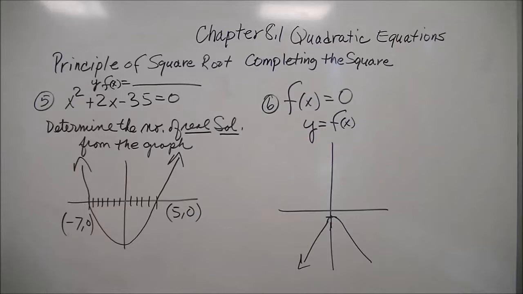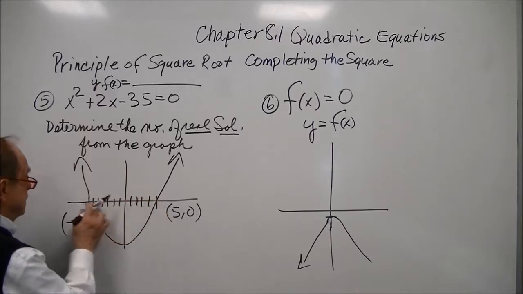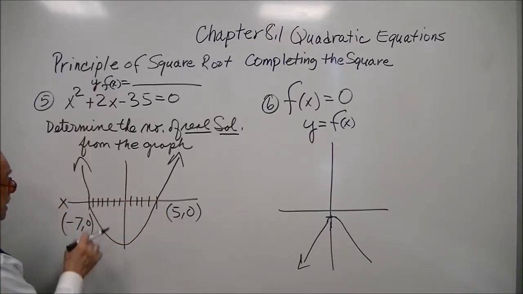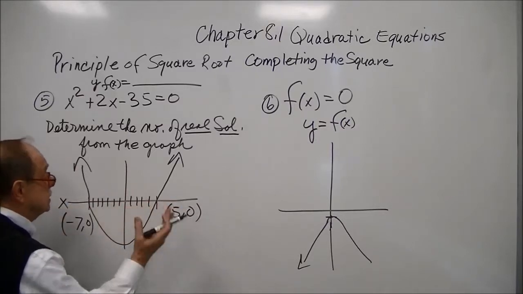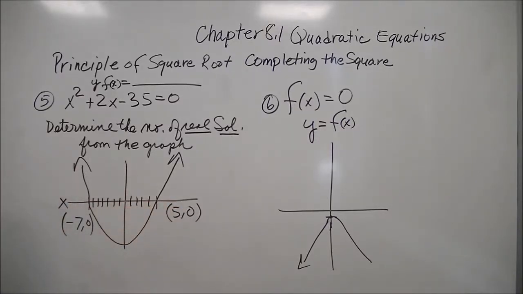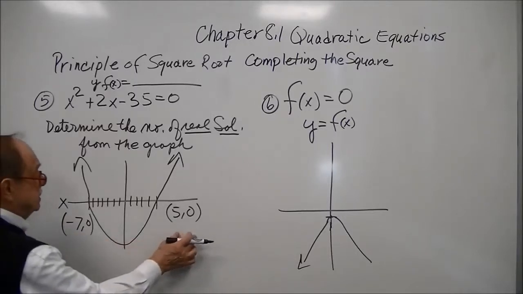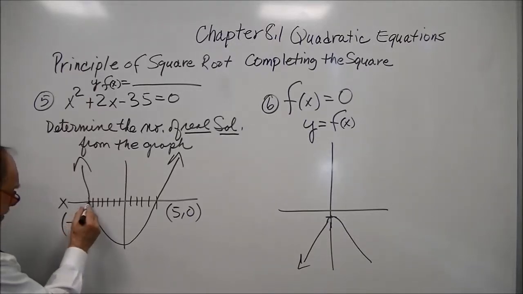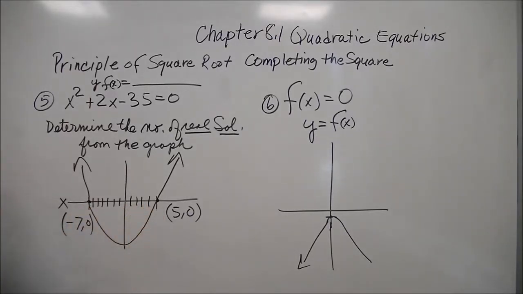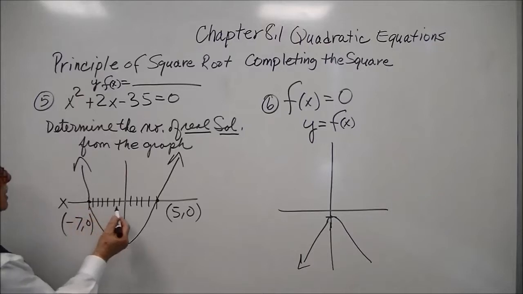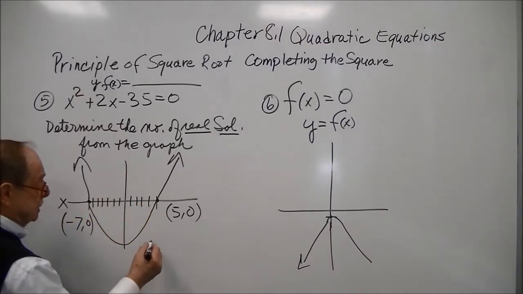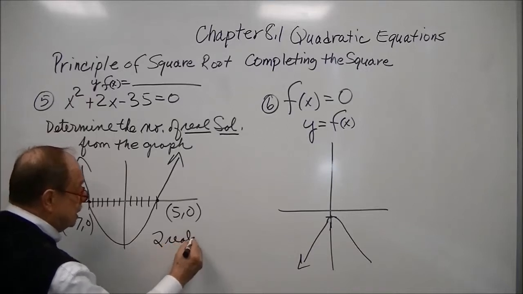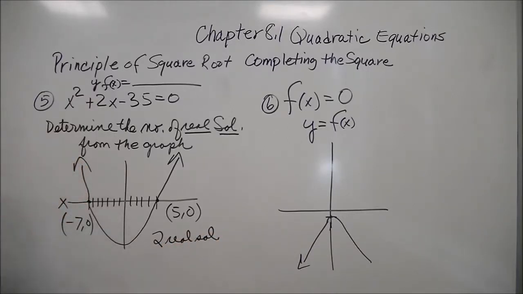The key to a real solution is that it has to cross the x-axis. These are ordered pairs, these are x-intercepts, and they're crossing here and here. So the question is, how many do you have? We have this one and this one, so the answer is we have 2 real solutions.